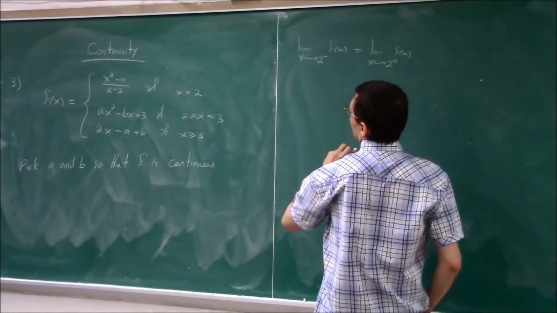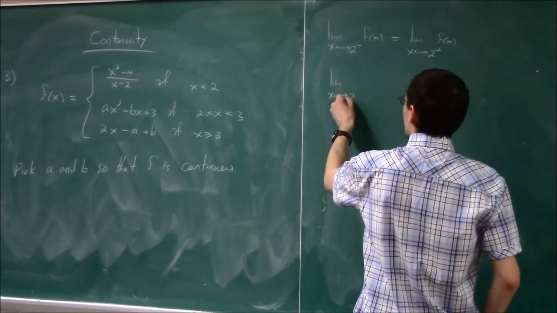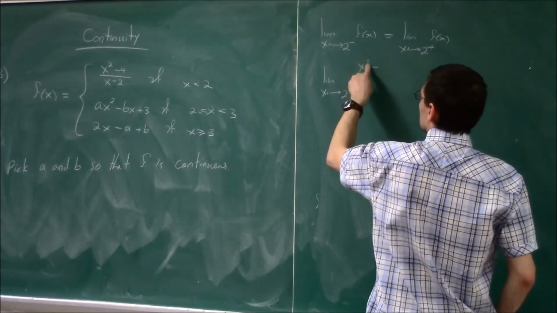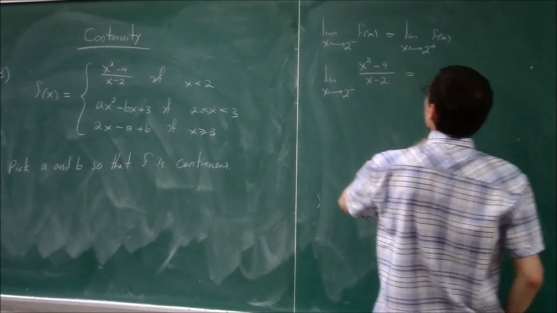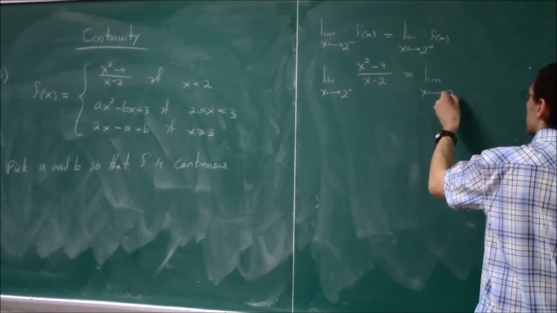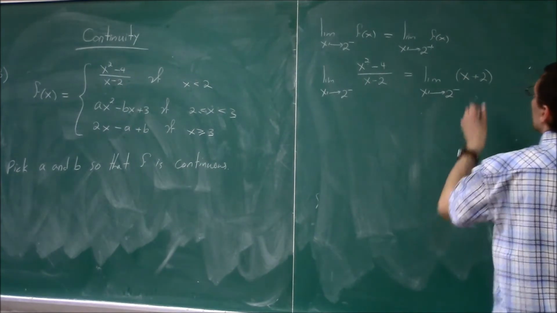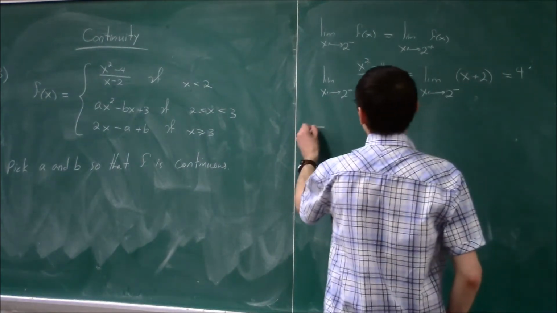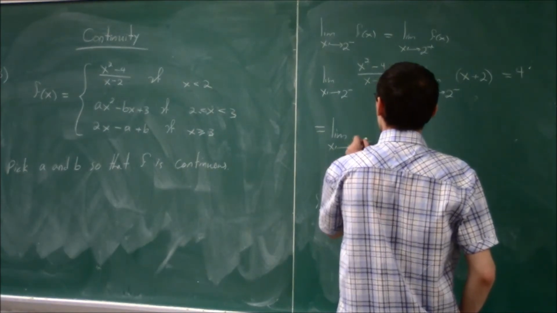So this condition makes us get the limit as x goes to 2 from the left of (x squared minus 4) over (x minus 2), which is simply the limit as x goes to 2 from the left of x plus 2, which is 4. And this 4 must be the limit as x goes to 2 from the right.